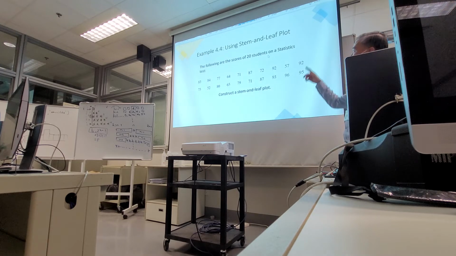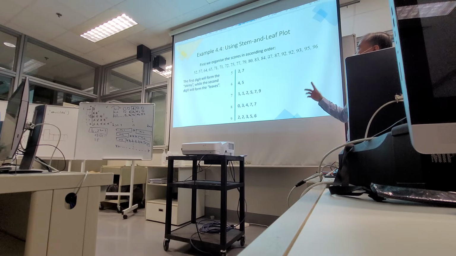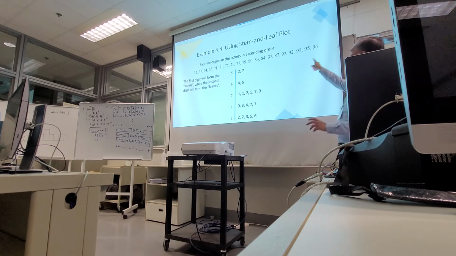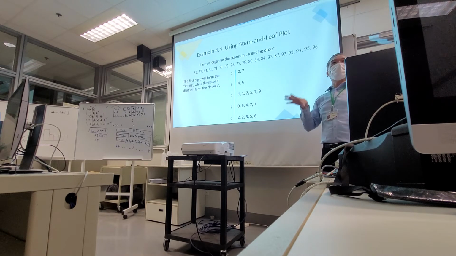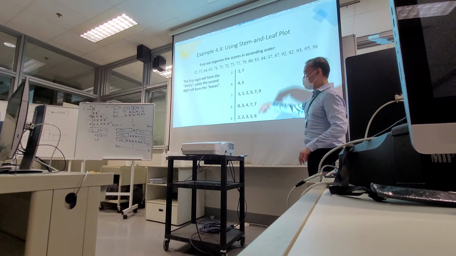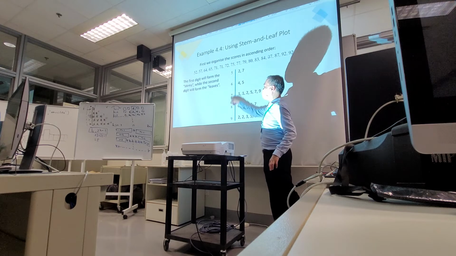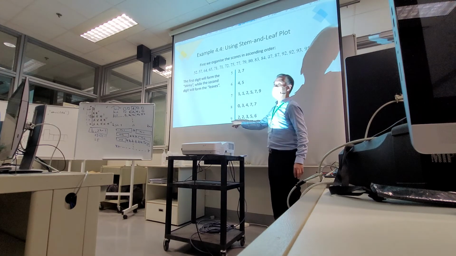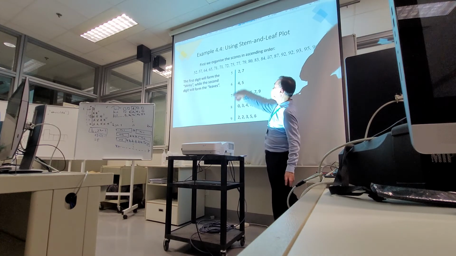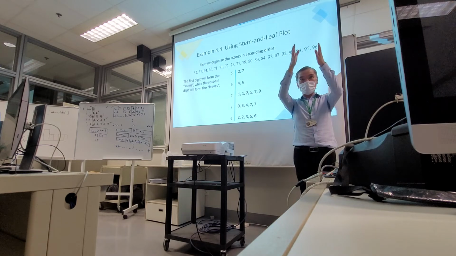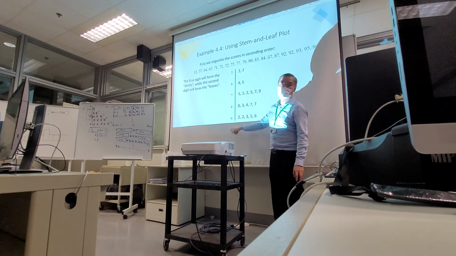We're going to use this thing called stem and leaf plot. The whole idea is very simple. You segregate the whole string of numbers into two parts. The one that's in the tens, can you see these are in the tens, 50, 60, 70, 80, 90, is called the stem.